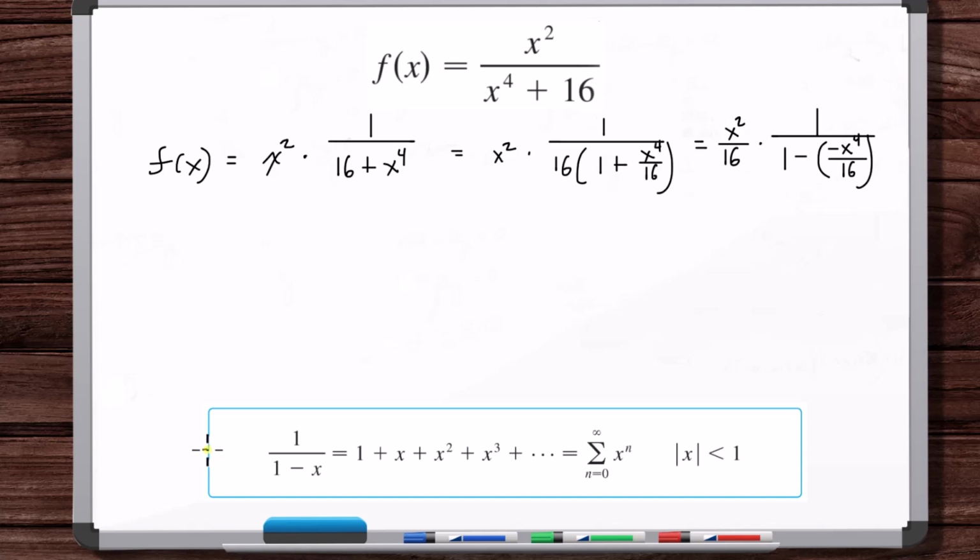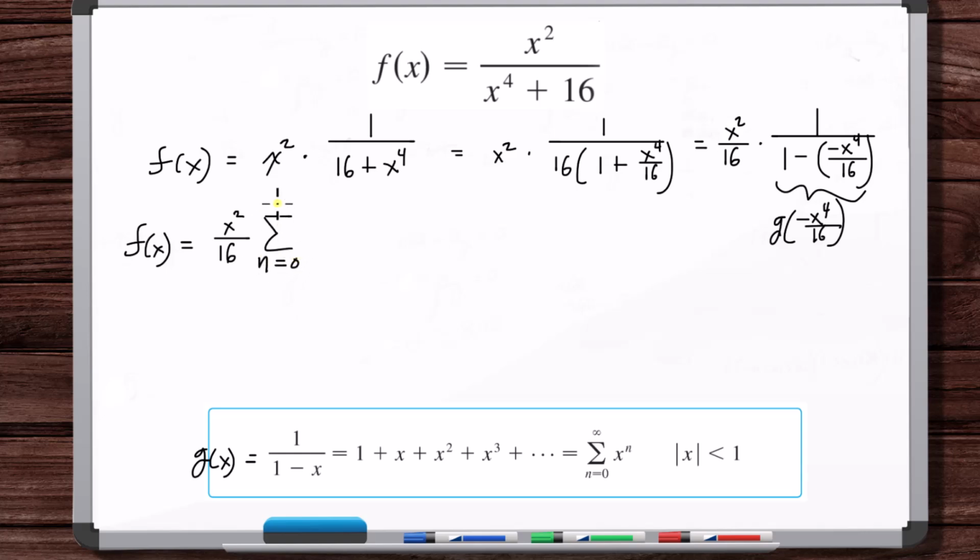Okay, so if this is g of x, then this is g of minus x to the 4th over 16. So we've got that f of x is equal to x squared over 16, and then just substitute in minus x to the 4th over 16 here.